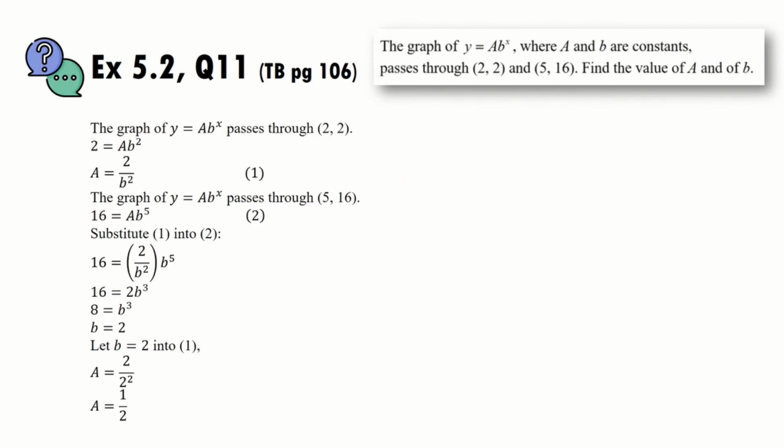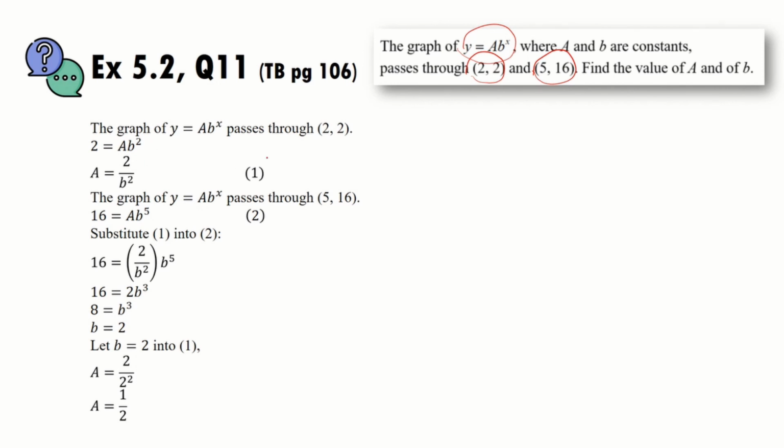Now we will look at the last question that we are going to discuss in this section. In exercise 5.2 question 11, we have the graph of y equals a times b to the power of x, where a and b are constants to be found. It passes through (2, 2) and (5, 16). Because it passes through these 2 points, they will satisfy the equation itself.